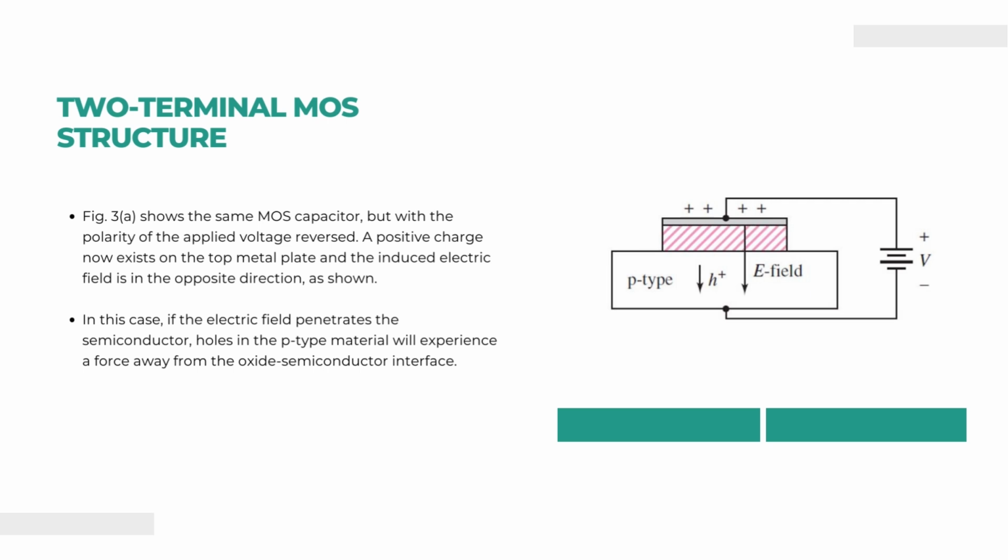In this case, if the electric field penetrates the semiconductor, holes in the p material will experience a force away from the oxide semiconductor interface. As the holes are pushed away from the interface, a negative surface charge region is created.